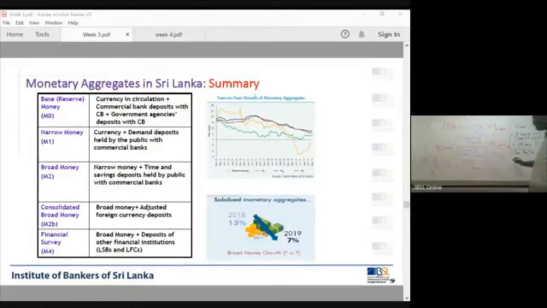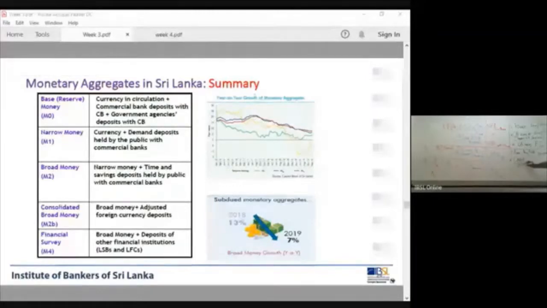Then we have the second important component, credit. Credit is given by two types of institutions here. The first institution, directly from here, is the central bank, because we are taking the central bank and banking system. So you have to have the central bank also.